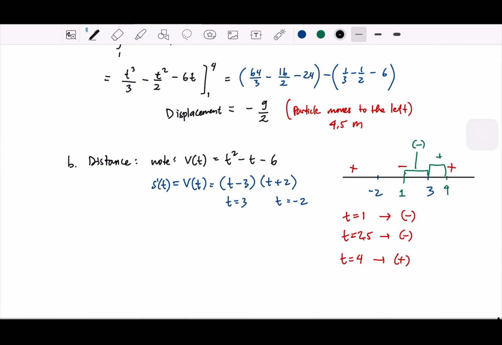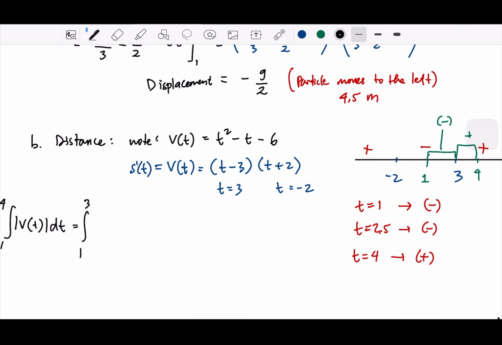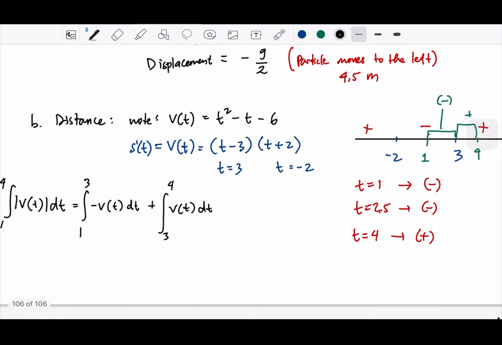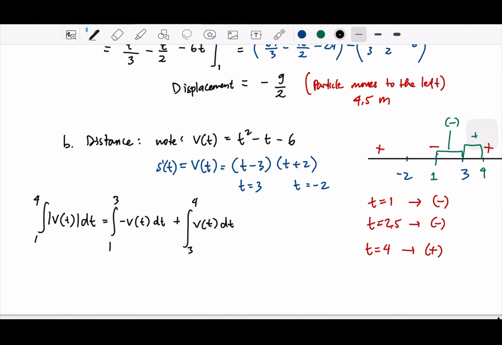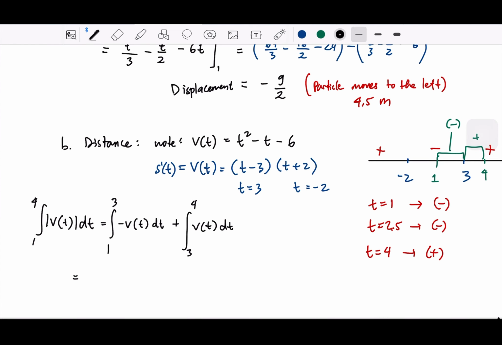So we can separate these integrations. We have the integral of the absolute value of v(t) dt, so we separate 1 to 3, which is negative, so we have a negative sign in the equation, plus 3 to 4.